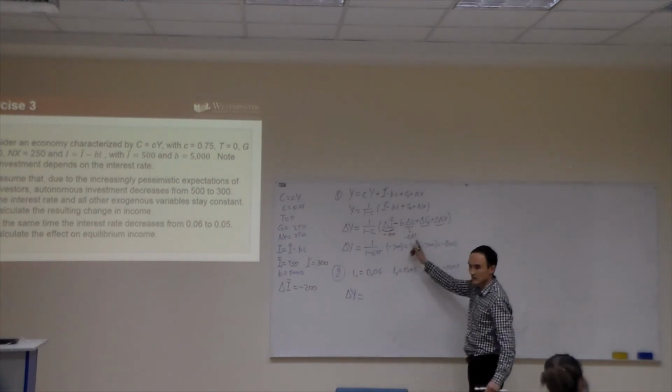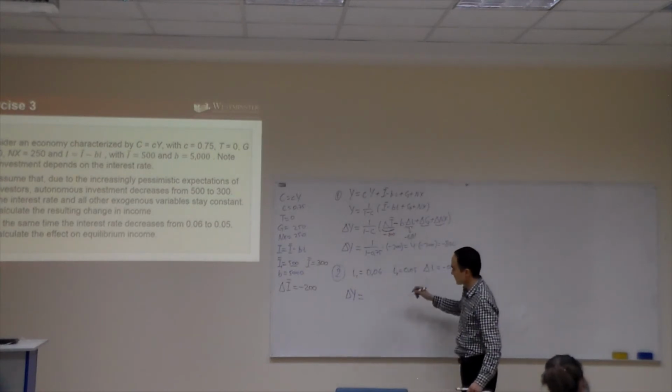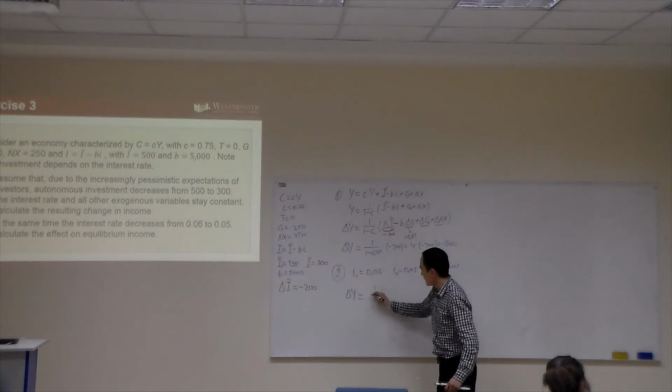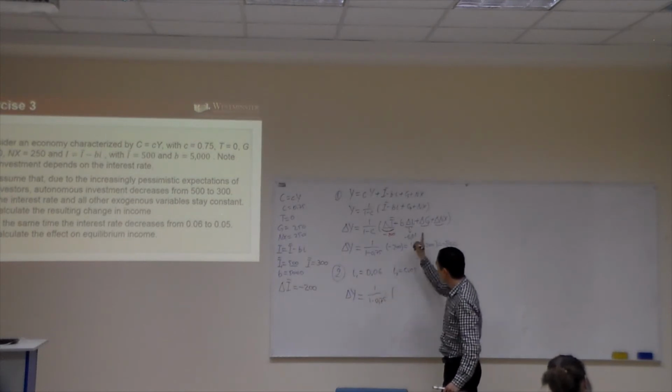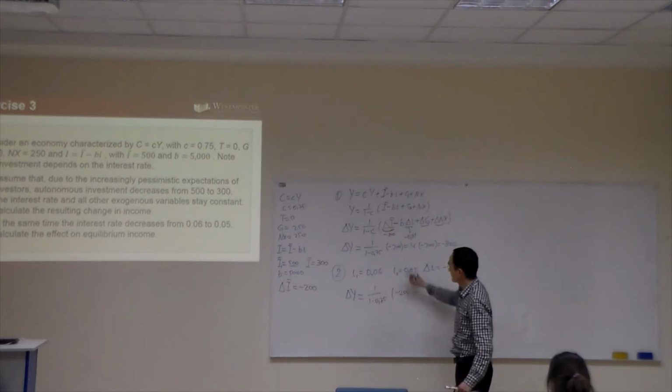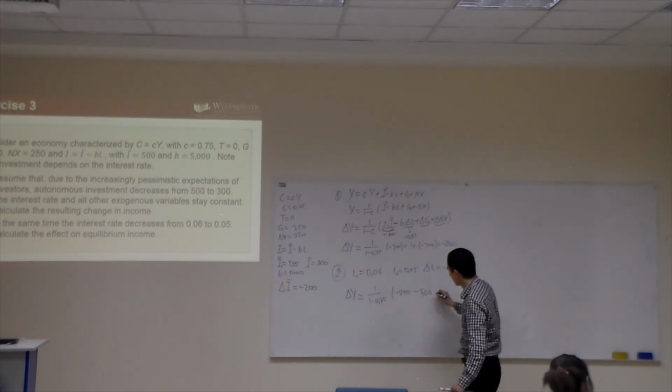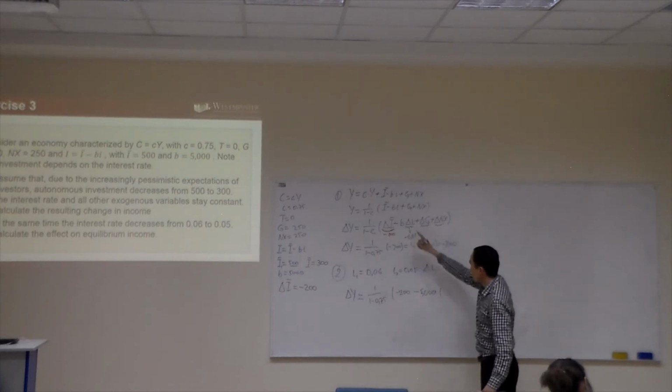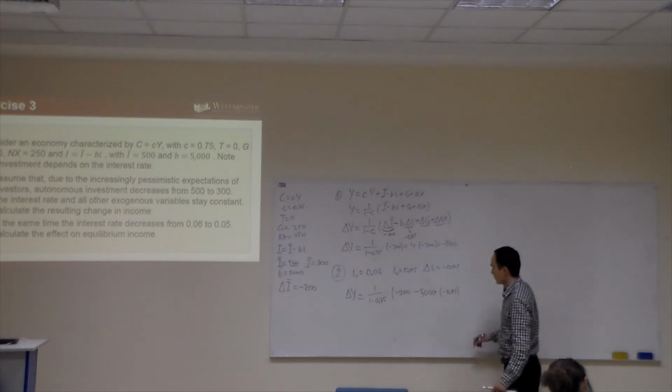So 1 over 1 minus 0.75 times change in autonomous investment, minus 200, minus b, which is equal to 5,000, that coefficient, times change in interest rate, which is minus 1%.